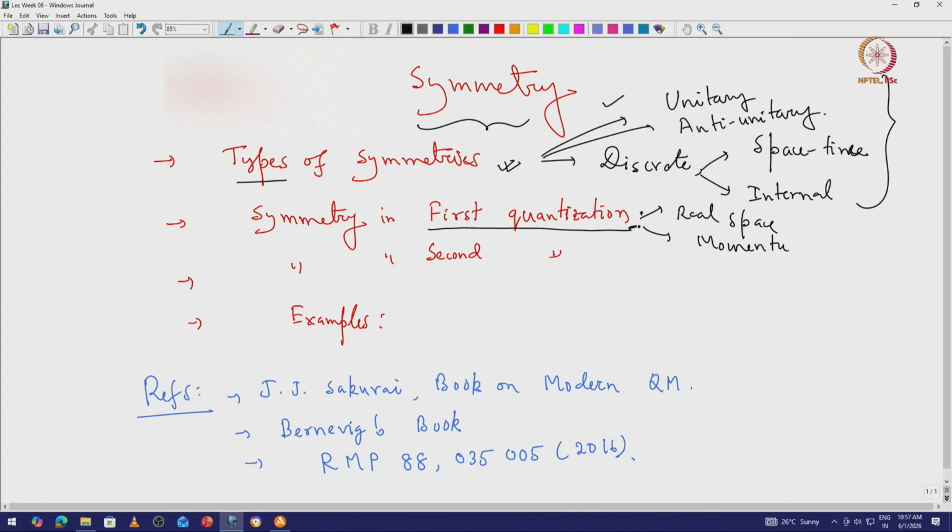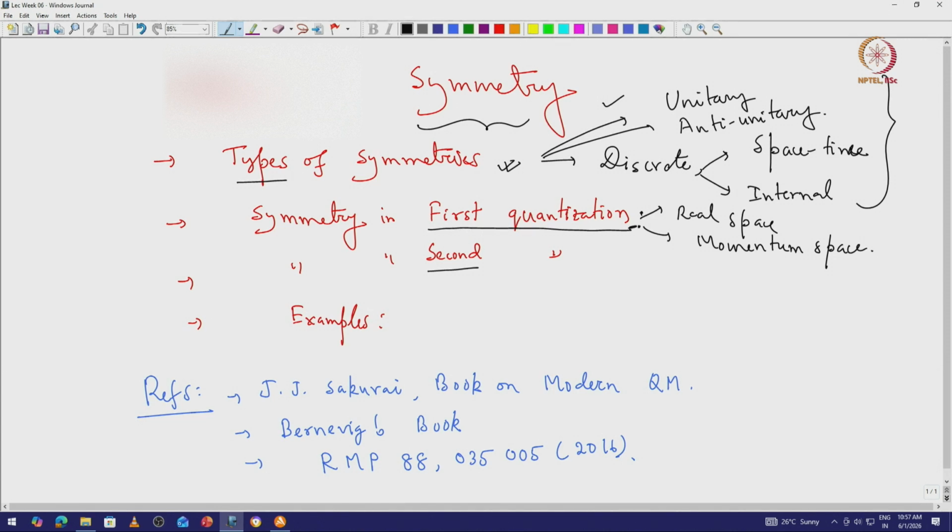The wave functions in these two space. There will be characteristic differences that I want to point out, and then we will spend a lot more time on the second quantizations of all the symmetries and how they are written.